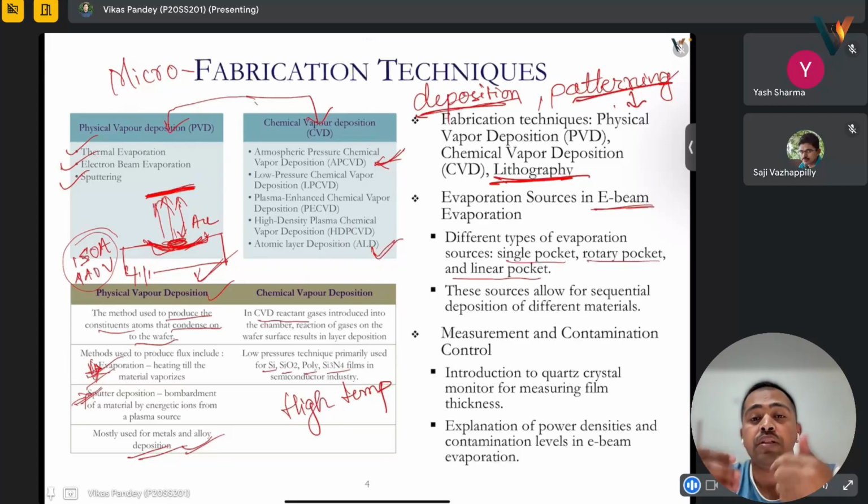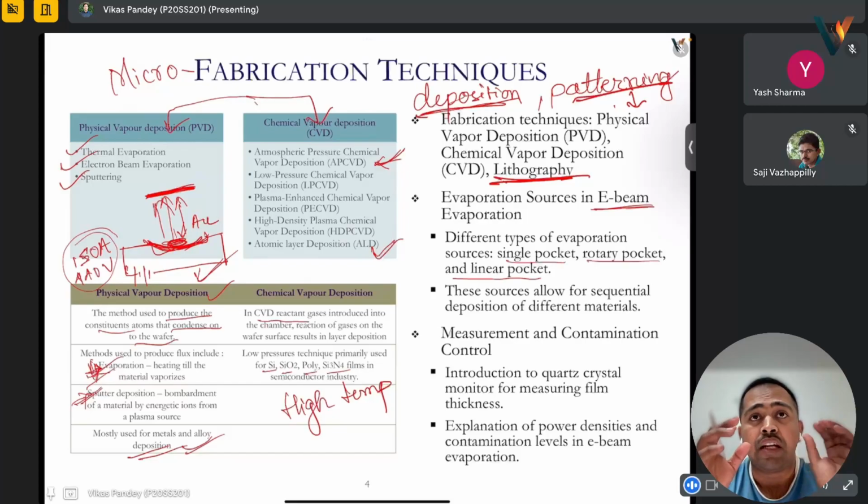Such sequential deposition cannot be done one by one, because if you take that out from this high vacuum, it will oxidize and we will not get continuous layers. So such sequential depositions are needed, and that also in one go, and that can be done using single pocket and rotary pocket or linear pocket.